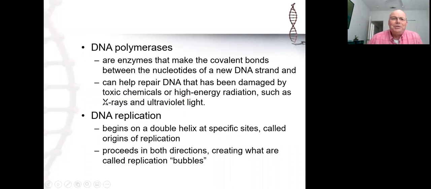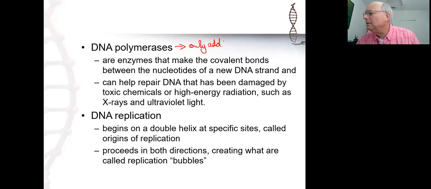So the enzymes that actually do the copying are called DNA polymerases, and they have a very specific feature that actually adds to this complexity of wanting to do the two strands that are anti-parallel to each other at the same time. So a DNA polymerase can only add nucleotides to the 3' end.